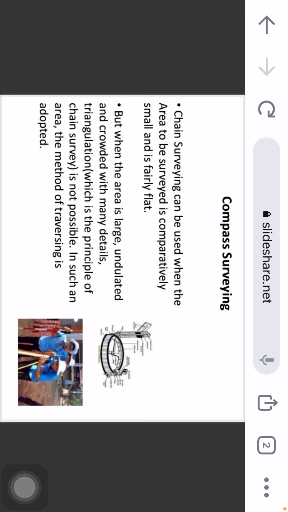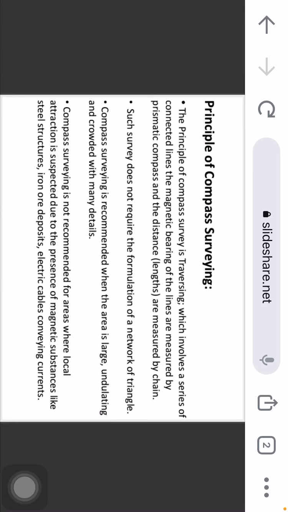So what is traversing? Traversing is plotting any type of geometrical figure on the ground. It may be a geometrical figure or it may be interconnected lines which you form on the ground, and that is called traversing.